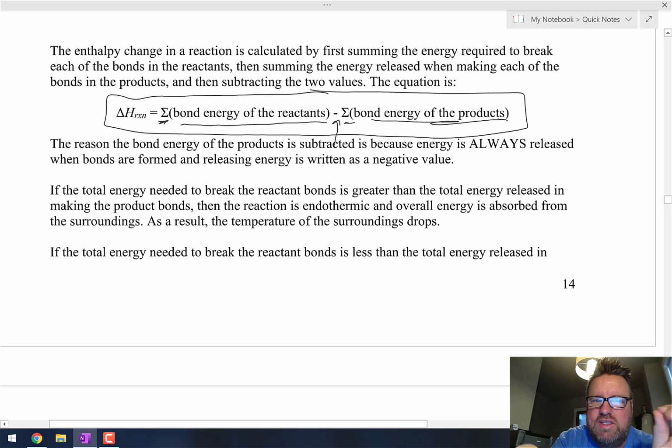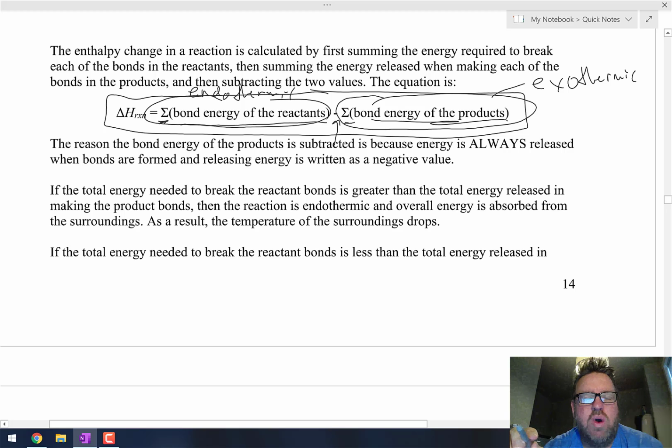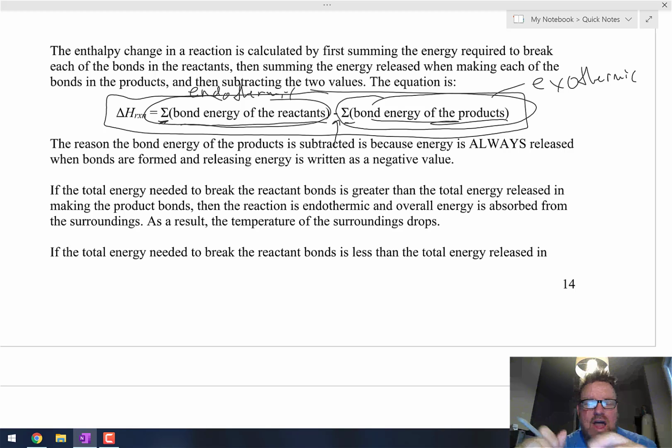Now, the reason that it's minus here is because this part right here, the products, is always an exothermic process. And this part right here is always an endothermic process. So when you're measuring this reaction, you're looking at the reactants and adding up all of the bonds in the reactants, and you're getting how much energy it takes to break all of those bonds.